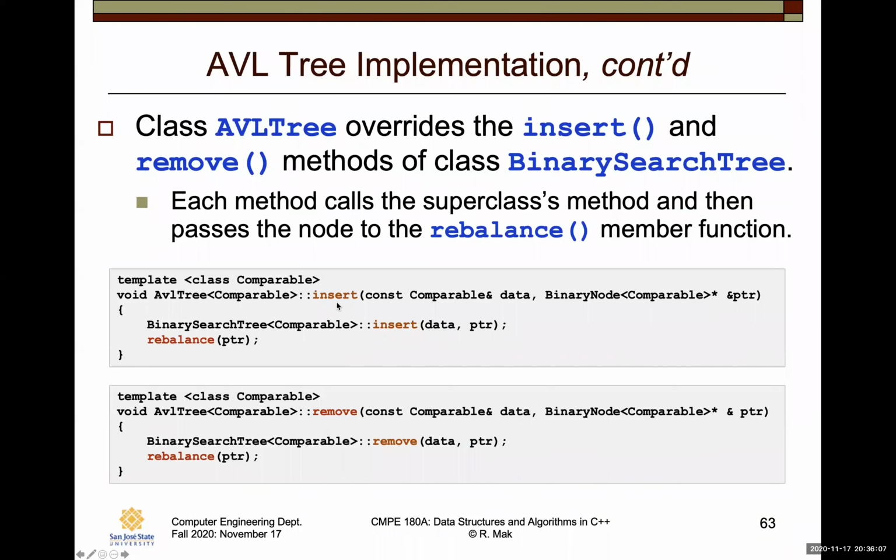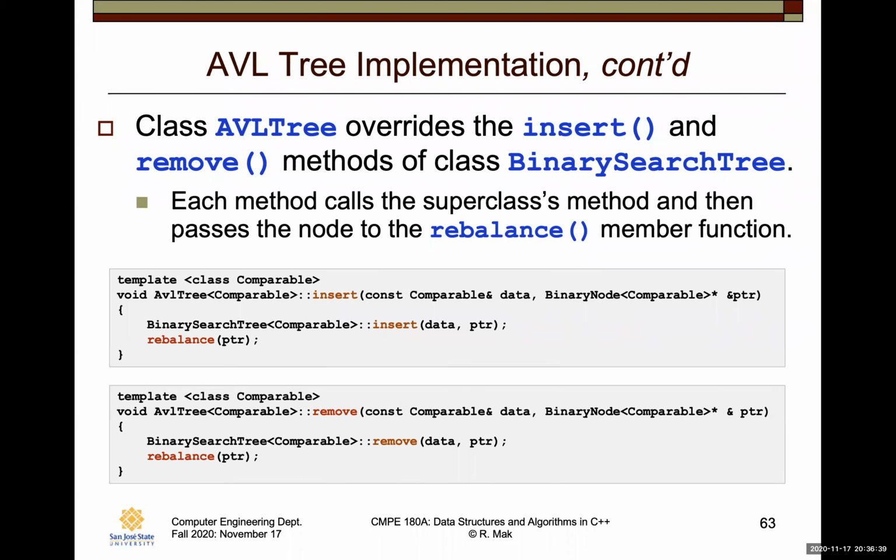Now to insert into an AVL tree, first we do a regular insert into a binary search tree. Remember, an AVL tree is a subclass of binary search tree. So we do the insert that we would have done with a binary search tree. And so you can see that we're calling insert, but we're qualifying it so that we're calling the insert of the parent class, which of course is the binary search tree.